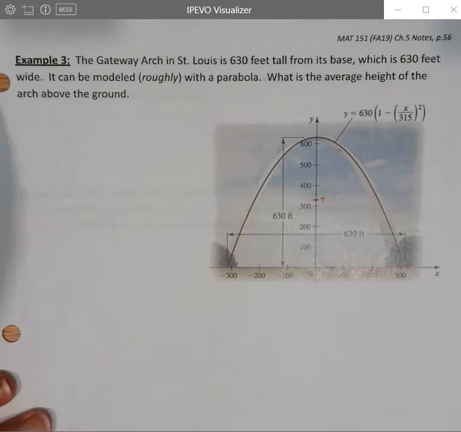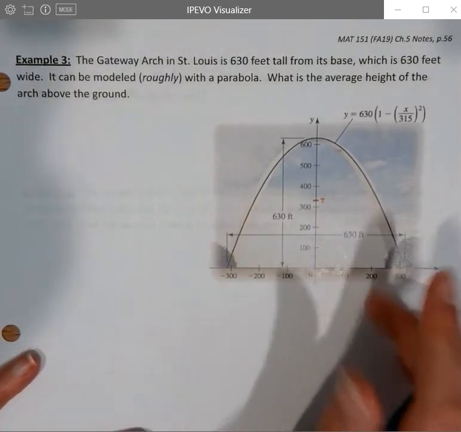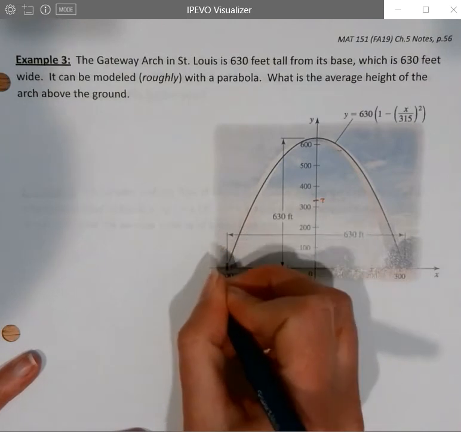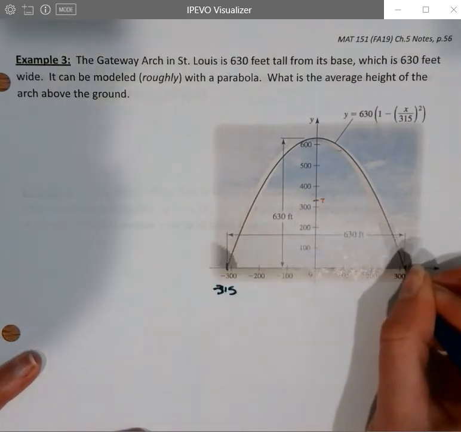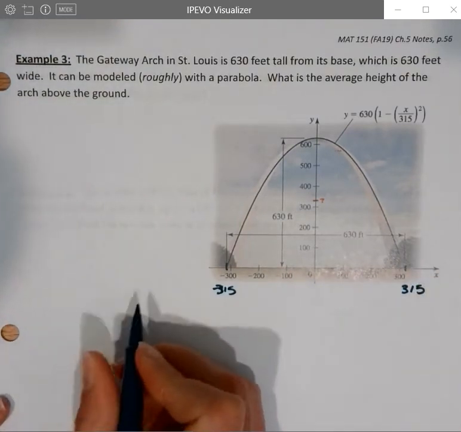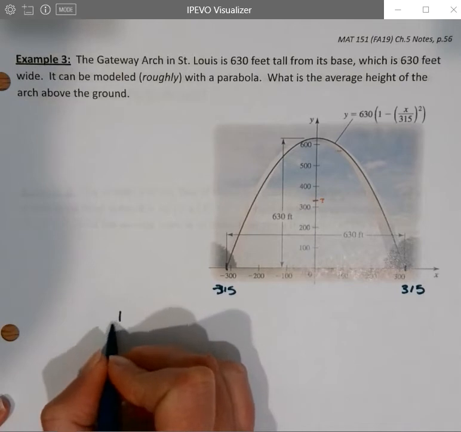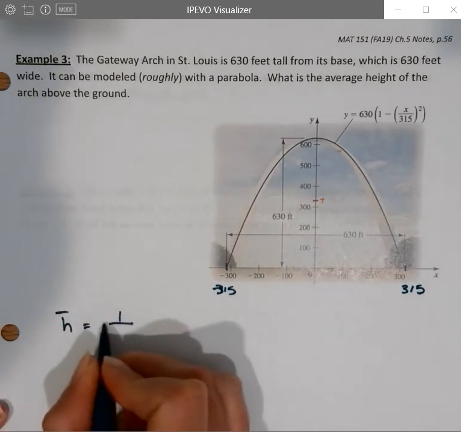Okay, so the first thing we need to talk about is the interval. And so this is going to be from negative 315 here to 315. And so I'm looking for average height right here. So h bar equals 1 over b minus a.